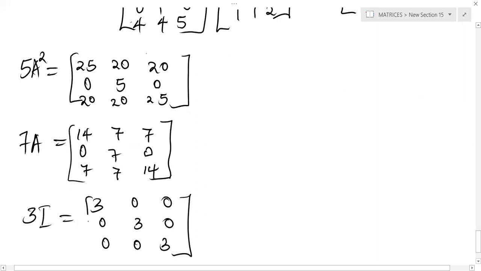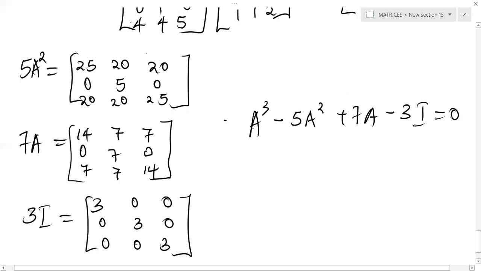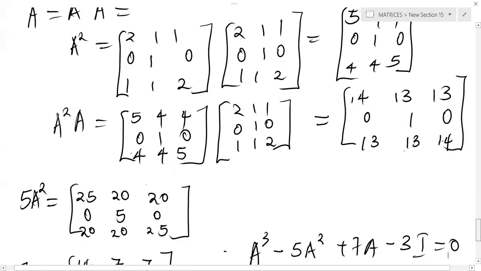So if you put all that together, we are supposed to verify that A cubed minus 5A squared plus 7A minus 3 identity is equal to 0. If you put all that together, let's just do maybe the first entry.